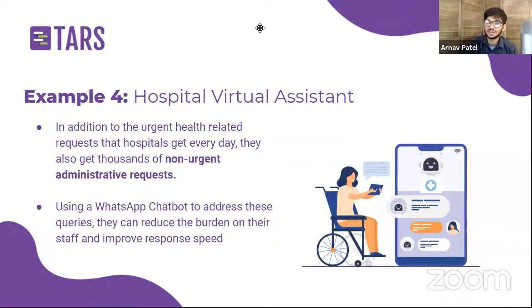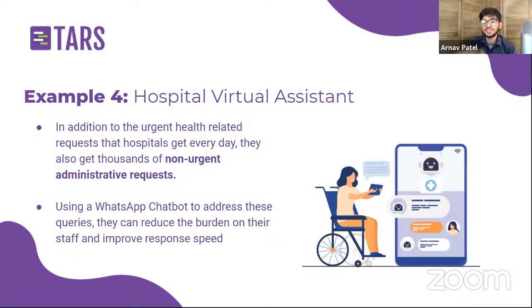Things like, I want to see my report, I want to reschedule my appointment. They don't need to go through the hospital front desk, who are already swamped with a million other things on their plate. If they want instant service and good service, they can just go to a WhatsApp chatbot, a hospital virtual assistant or help desk, whatever you want to call it, to get those questions resolved. This is an example of reactive customer service, but it pairs well with the proactive examples that we gave as well.